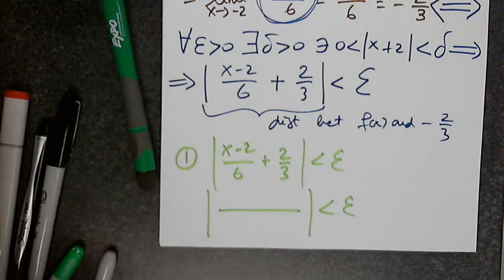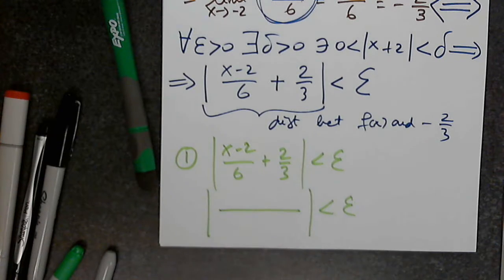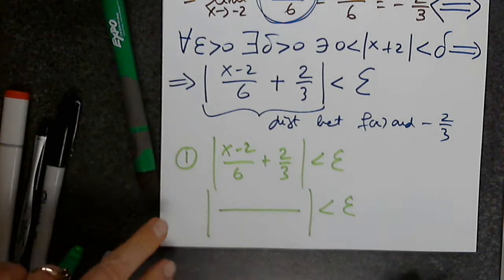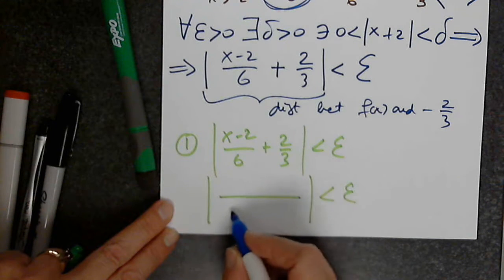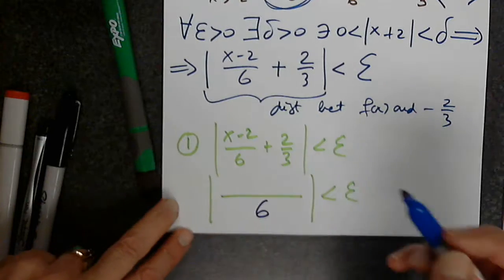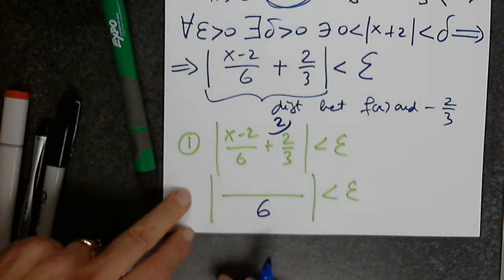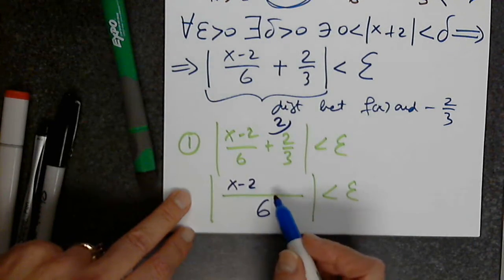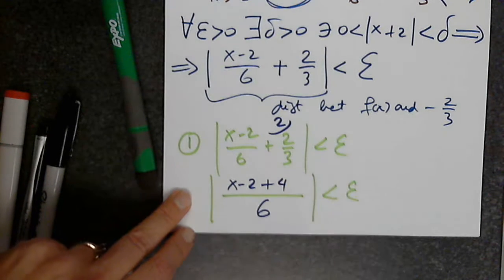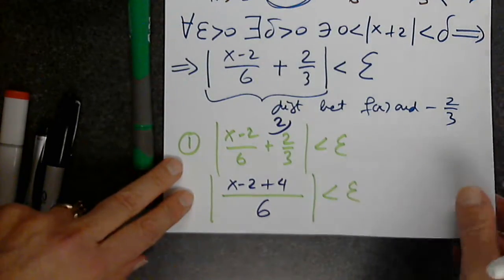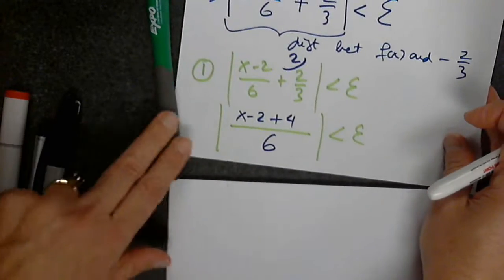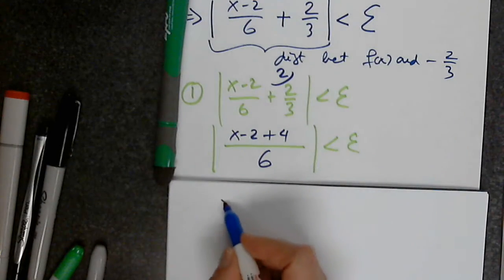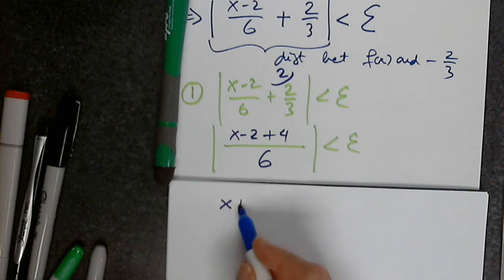What now? Good. So then this one needs a 2. So now I'm ready. x minus 2 over 6 plus 4 over 6. Good. How much is that? Very good.